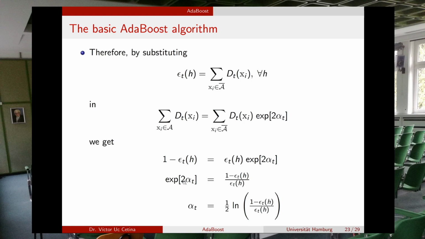Finally, this 2 factor here will go to the side as a 1/2 of the natural logarithm of this expression. So if you remember, this is the formula that you used in step 2 of the algorithm. This is the way you should compute the confidence of a weak classifier as a function of the error of that classifier.